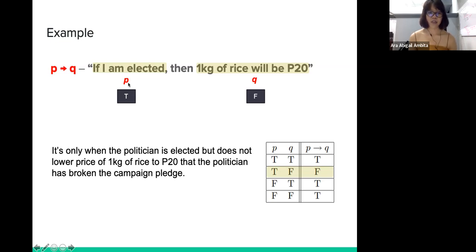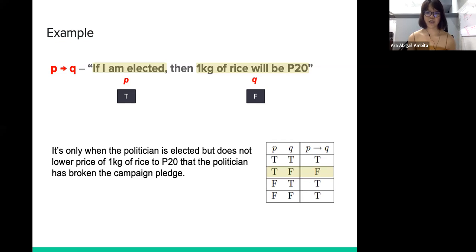So that means that your P is true, meaning the politician has been elected, but the 1 kilogram of rice is still not yet at 20 pesos, which means that Q is false. So the result of the condition is false, meaning the politician has broken the campaign pledge.